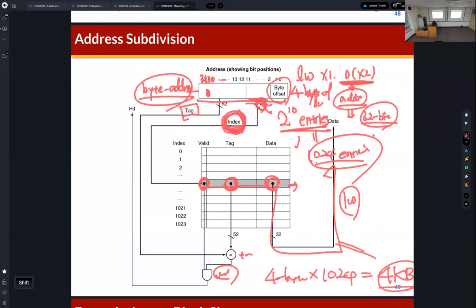So in this example, there are 1024 blocks, and a single block size is 4 bytes. So which means, as I mentioned, the cache size is 4 kilobytes. Okay.